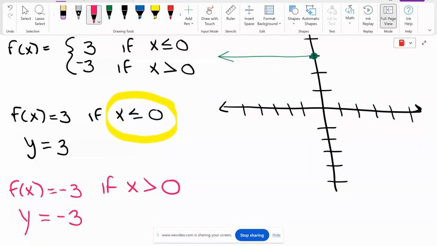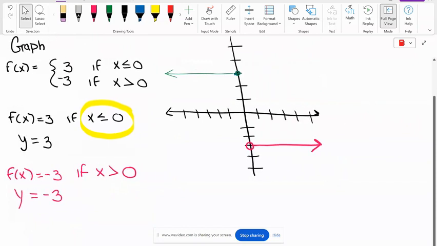It's only -3 when x is what? Greater than 0. Can it be equal to 0? No. So you're going to draw an open circle on (0, -3). And then we want where x is greater than 0. So which way is this line going? To the right. And this is how my split graph looks.